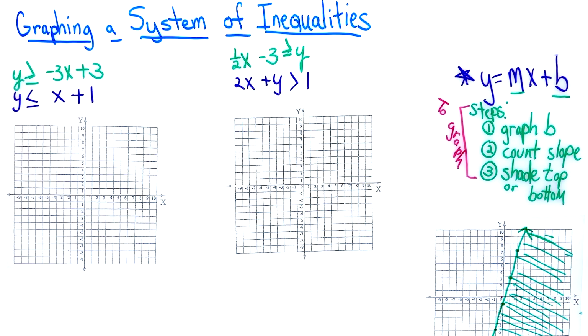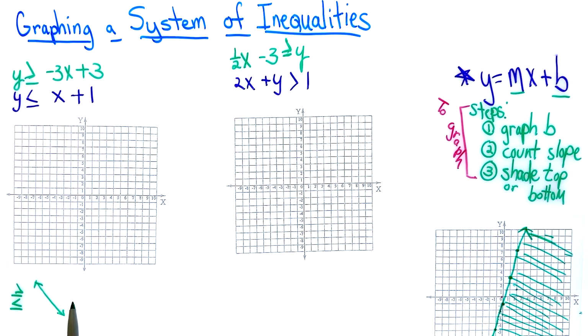Well, let's go to our system of equations. And I have them done in 2 different colors because it will be easier to see when we're graphing our 2 inequalities. So we have the first one, y is greater than or equal to negative 3x plus 3. So remember, when I have a greater than or equal to or a less than or equal to, when I graph the line, it's going to be a solid line.